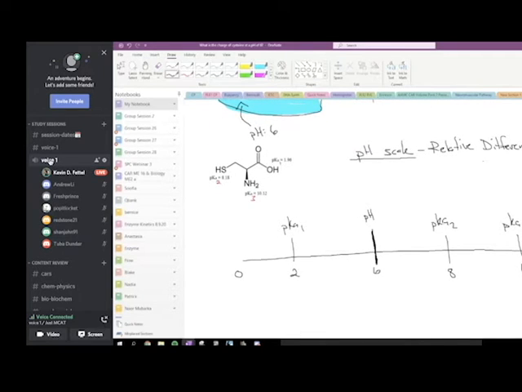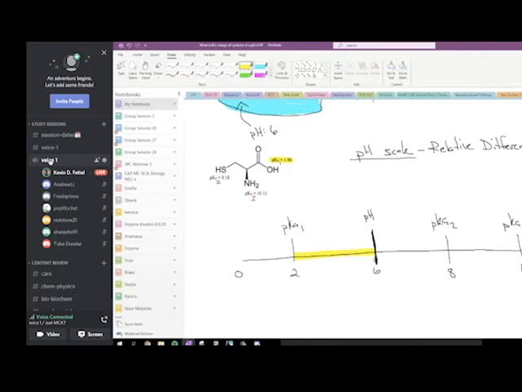And we're looking at relative differences. So if we think about pKa 1 right here and compare the relative difference between pKa 1 and pH, we can see that pKa is at 2 and pH is at 6. So relatively, this group is surrounded by a basic fluid, because the pH is at 6.